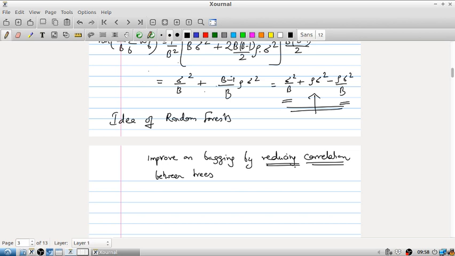Okay, and so I'll just write down the key step with which it's going to reduce correlation, and it's a very straightforward step as well. You might have already seen this in 572, but let me just write down the algorithm. Okay, so random forest for classification.